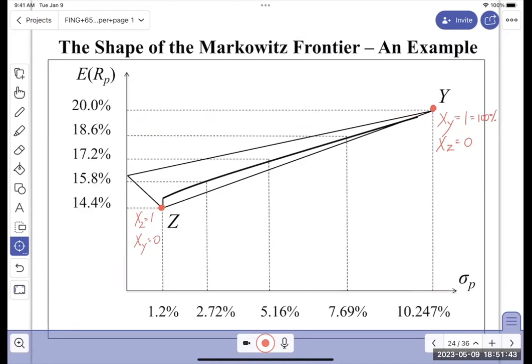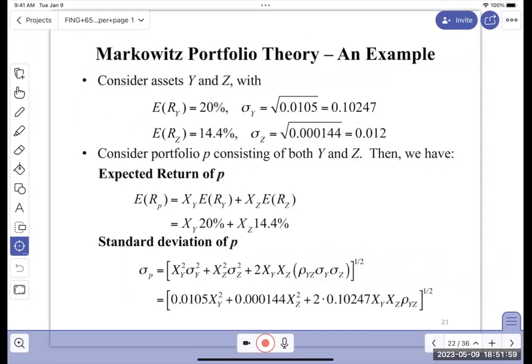Now we're going to consider all possible combinations of Y and Z, where I start with Z and add a little bit of Y in as I go. Now I've drawn out 3 different scenarios. And I've done that because although the expected return calculation doesn't have anything to do with standard deviation, it's just the expected return values weighed. So here's a formula for the expected return.